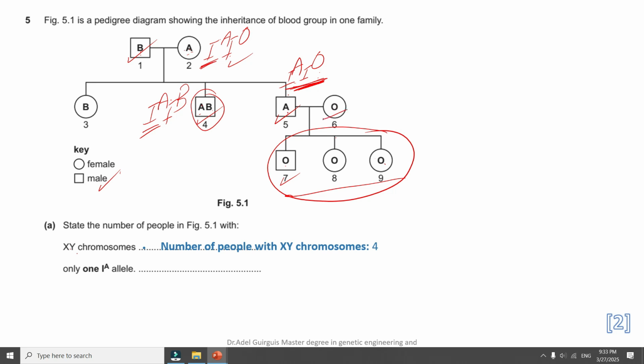Here, as you know, this is recessive IO. To produce IO here, the husband or the father must be IA IO. So how many individuals with IA allele? Number 2, yes. Number 4, yes. Number 5, yes. So the number of people with IA allele equals 3.